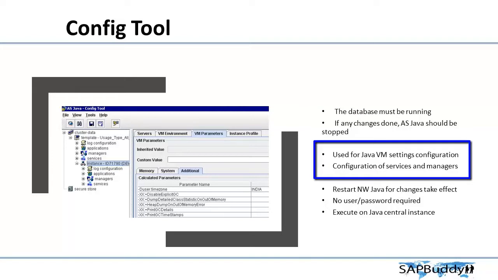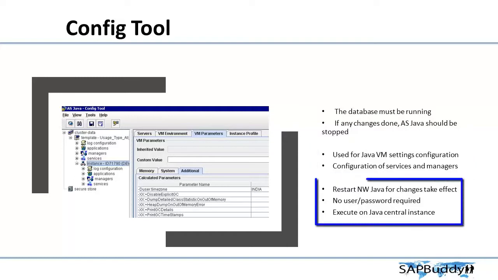You can use the config tool to configure and manage managers and services of application server Java as well. Once you have done the configuration, you need to restart the NetWeaver Java to make the changes effective, because you are making the changes in the core Java.